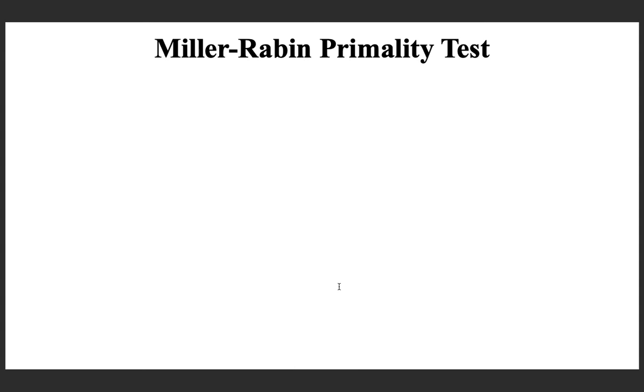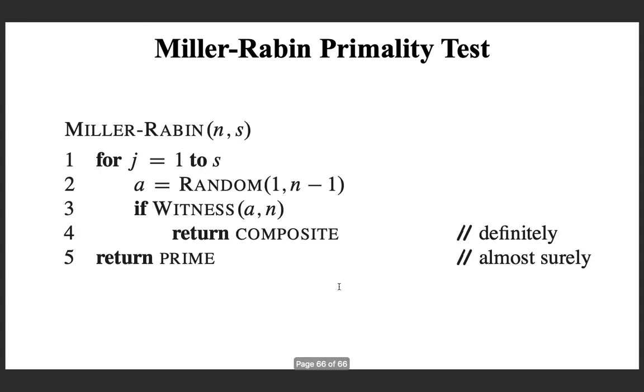Now we are going to see what the Miller Rabin primality test is. It takes a random number between 1 and n minus 1, uniformly at random; it picks an element of Zn plus, and checks whether that element is going to witness the compositeness of n, using the previous algorithm. If it returns that it is composite, then for sure it is a composite number.